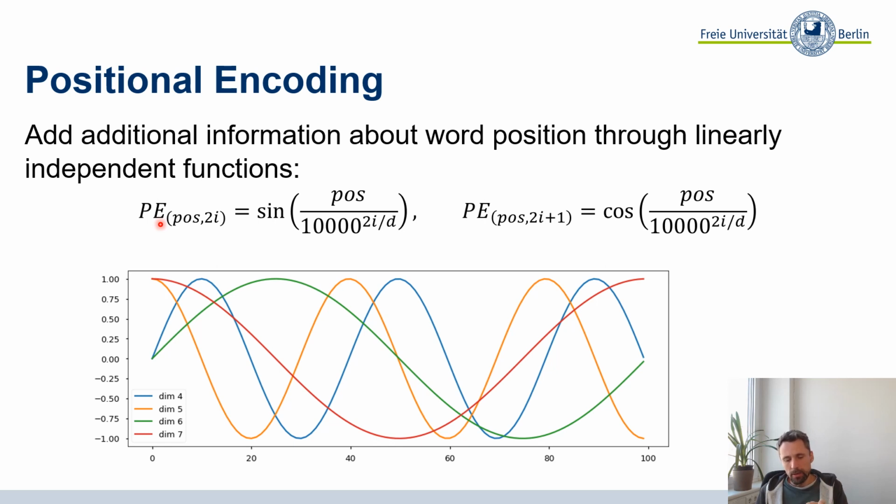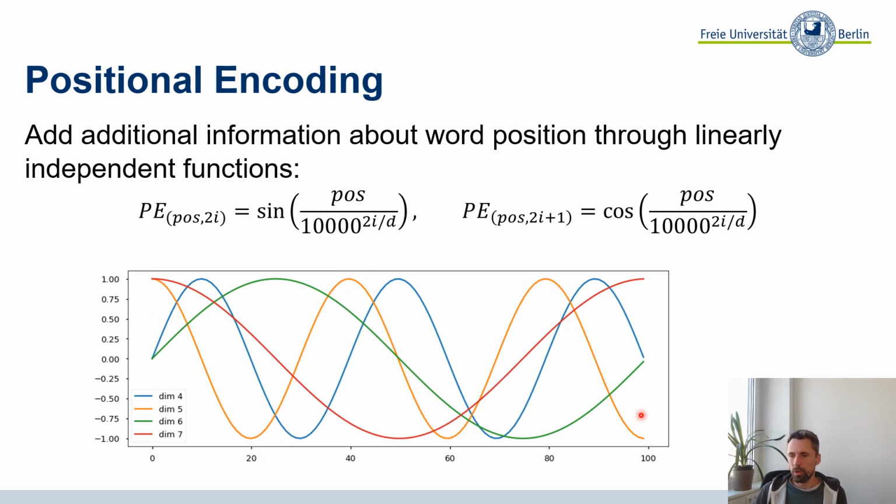So let's say we are in the first two components of this 512 dimensional vector, then progressing through the input sequence, going from 0 to 100, for example, these sine waves will be, for example, this blue and this yellow or orange line.